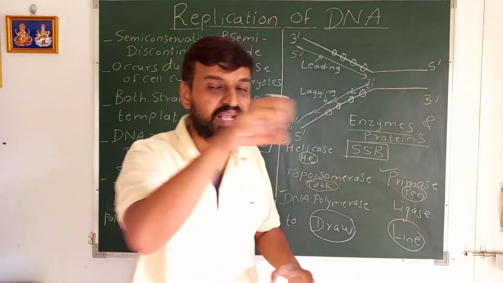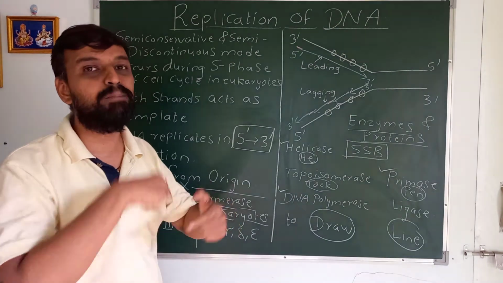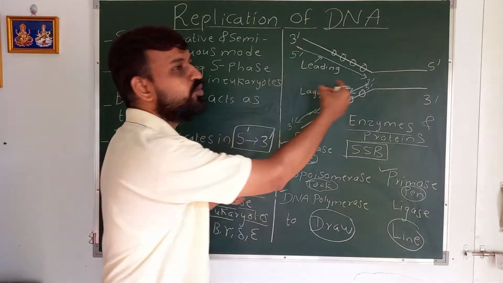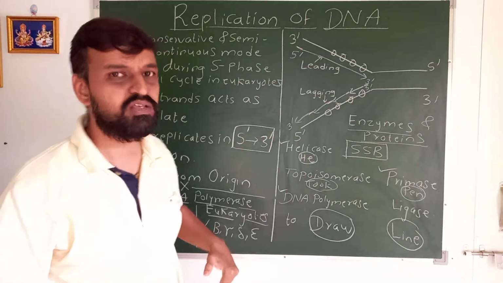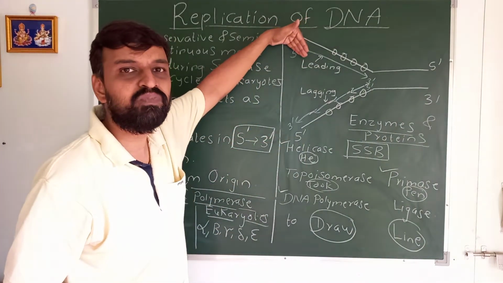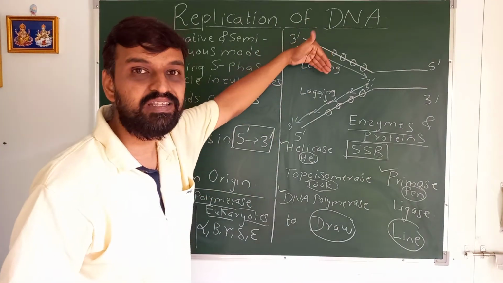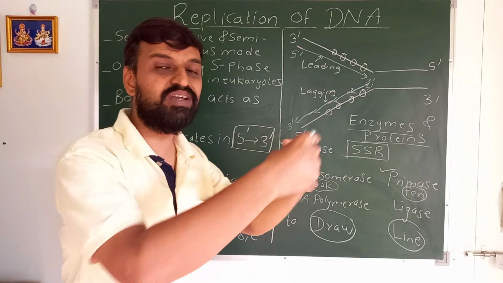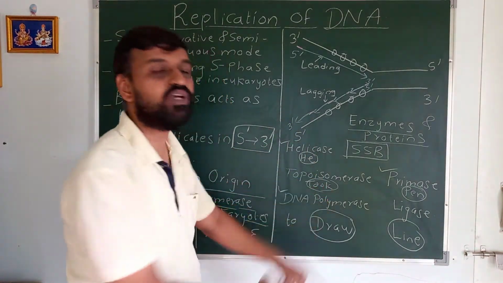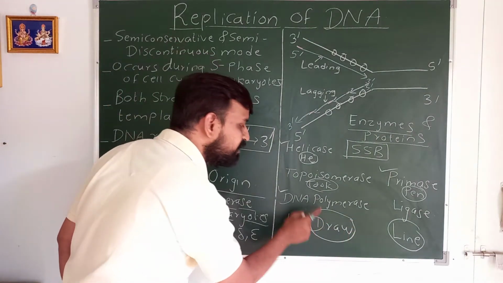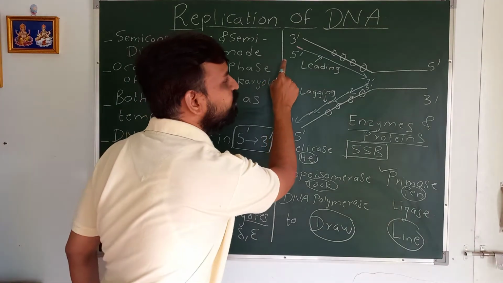They will be taken in the process. That enzyme will add the nucleotides with respect to what is on the template strand. Suppose on the template strand there is A, there will be the addition of T. Suppose there is C, they will add G. Likewise, as you know the complementarity principle, the addition of nucleotides will take place. So DNA polymerase will add nucleotides and bring about lengthening.